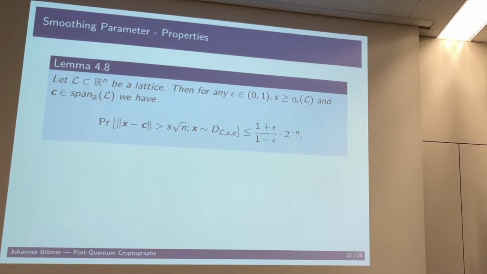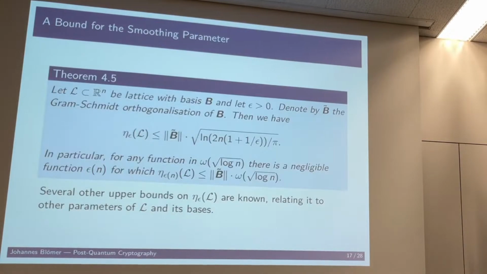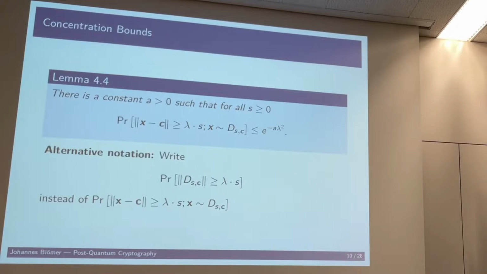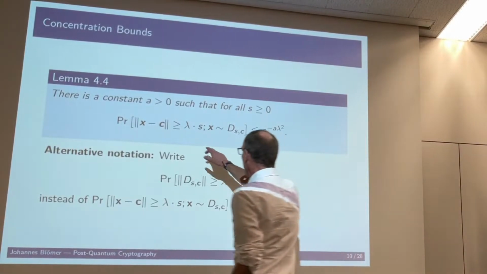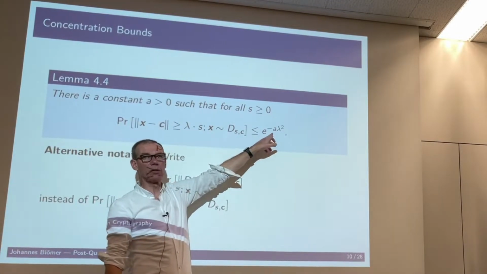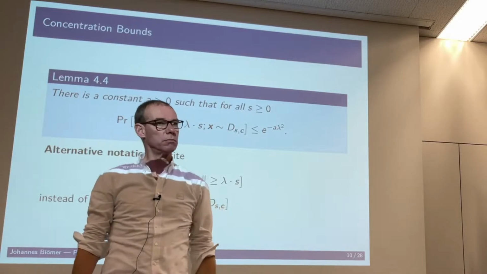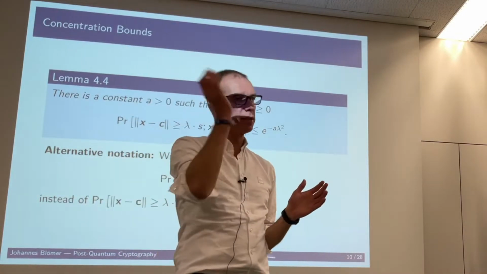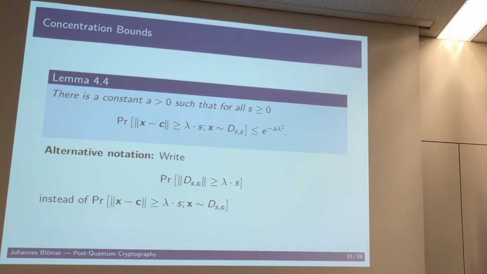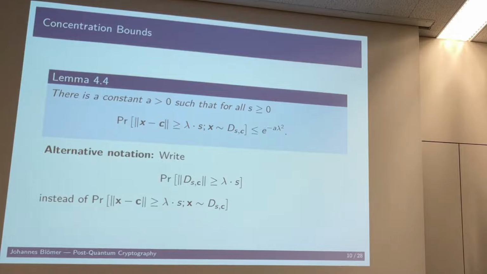So why is that? If we go back and look at the continuous case, and look at this here, and if we pick lambda to be square root of n, we get something like e to the minus a times n. So almost exactly, up to this a, which you can choose any way. Well, I could even give you a number, but never mind. Okay? So in that respect, they behave very similarly.